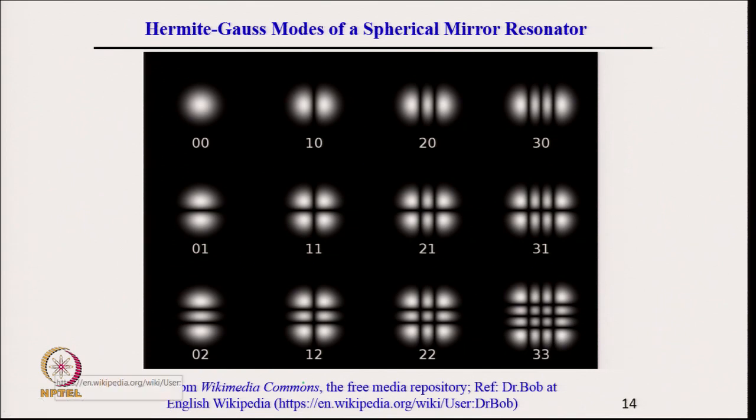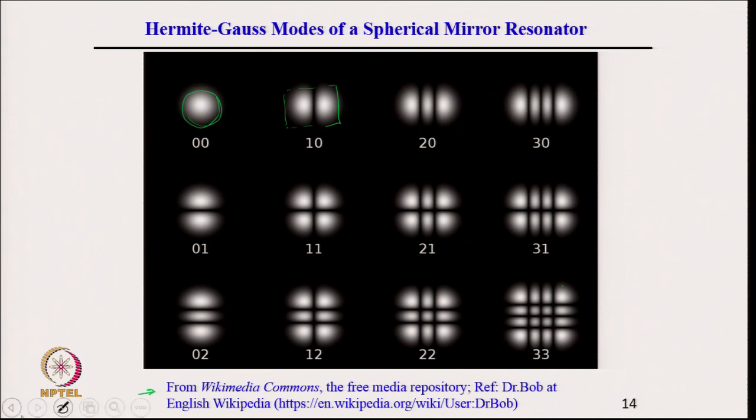Note that this occupies a small region here in space, compared to a higher order mode which occupies much larger space. It is the same cross section, all of them are for the same dimension, but the spatial size, for example, you see now this size is bigger compared to this size, this is even bigger, and so on.